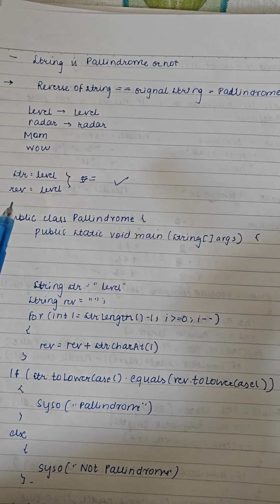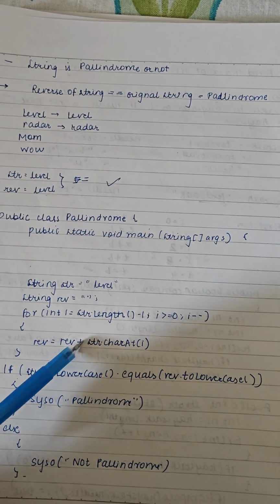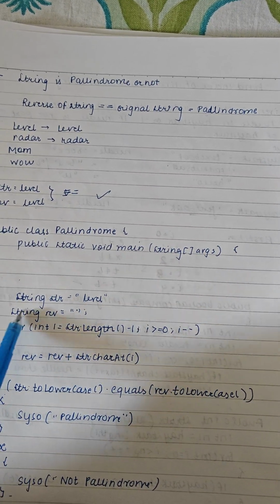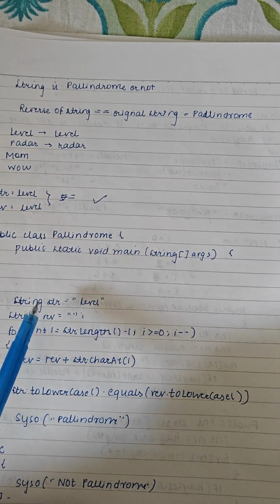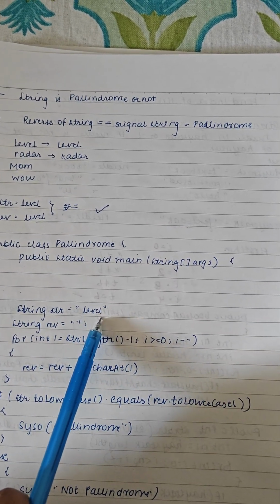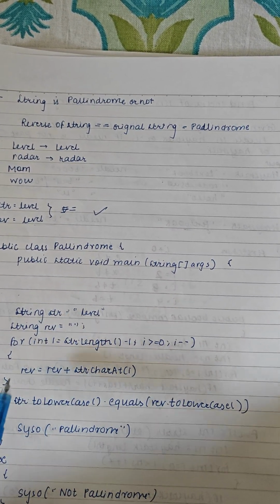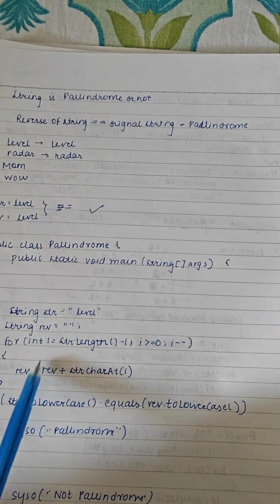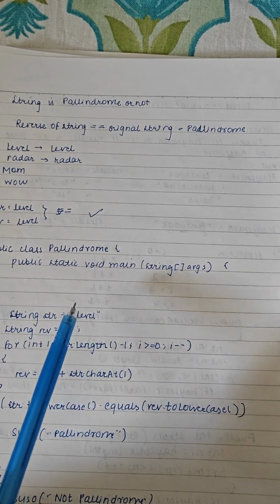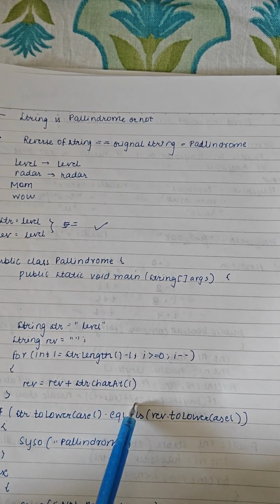We have seen the reverse logic, and in the same way we are doing the reverse here. First is level, so we take a string reverse which is empty. It will start from the end, come backwards, and start adding to the reverse: it will add l, then e, v, e, l, so the reverse string will be formed.